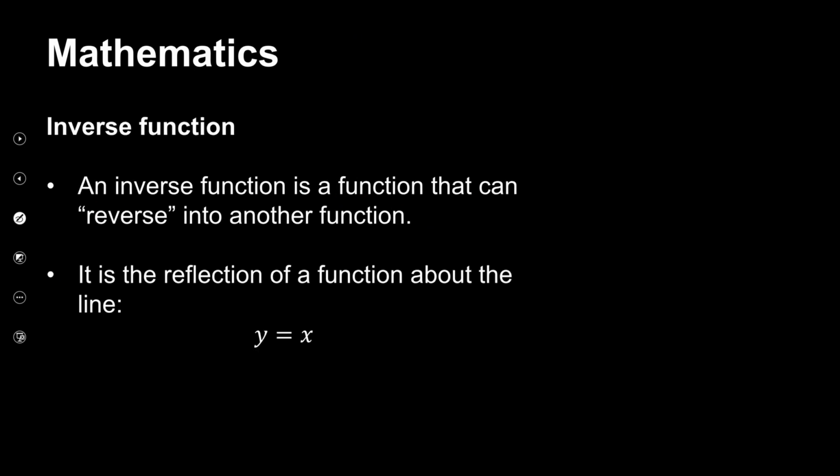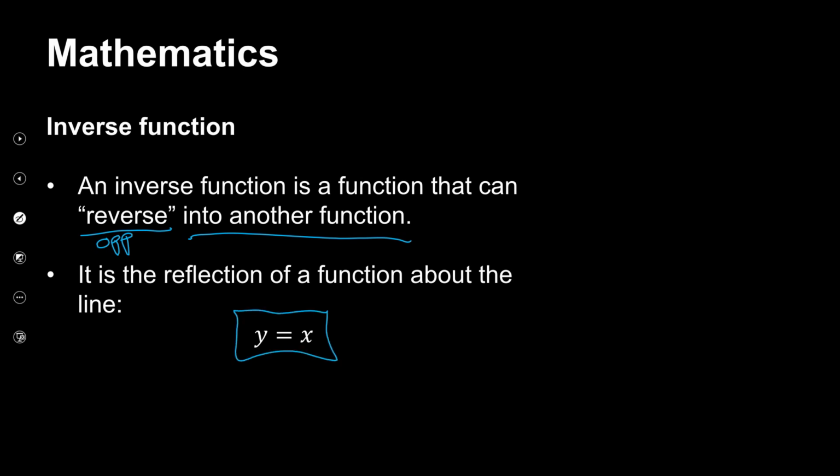And then an inverse function is a function that can reverse into another function, right? In simple terms, this is just the opposite of that particular function. So if we were to swap things around, what function will we get? That's what an inverse function is about.